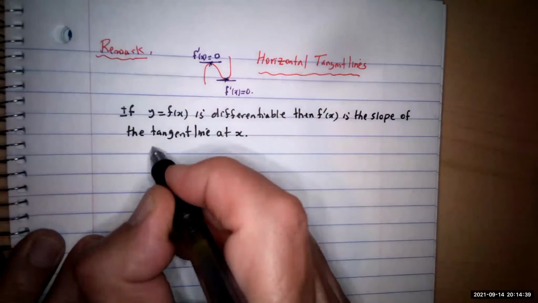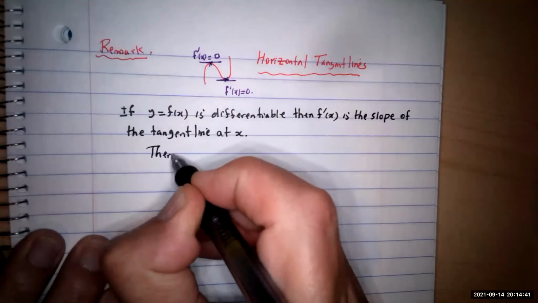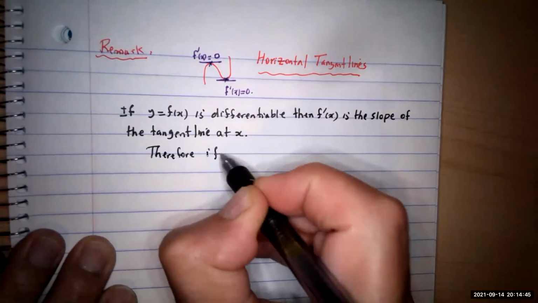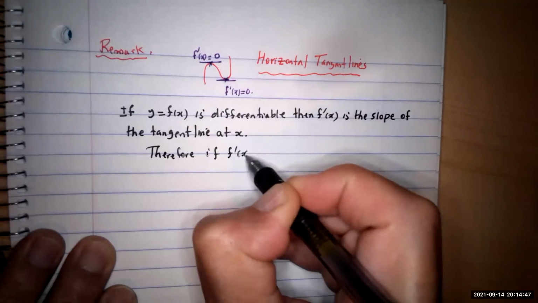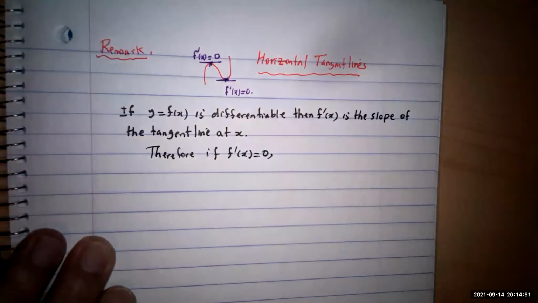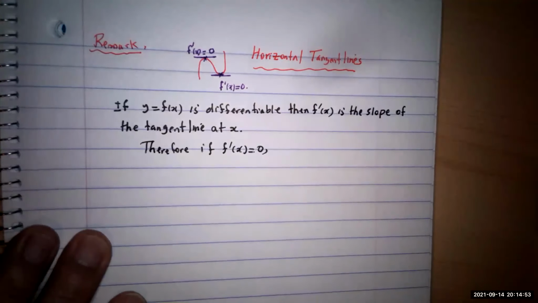Now, therefore, this is the key. If f prime of x is equal to 0, this means the slope is 0. In that case, the tangent line is horizontal.